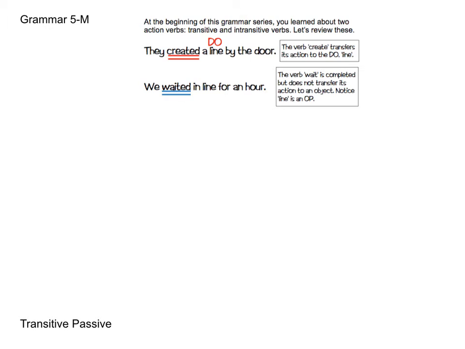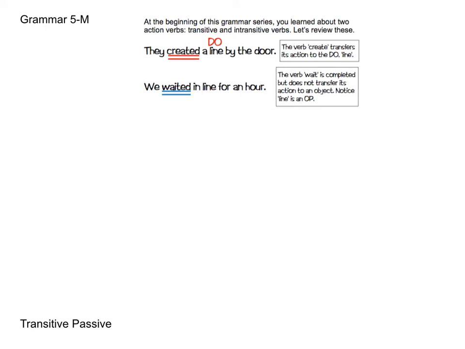We have we completing the action of waiting, but nothing is receiving that action of waiting. Instead, in the predicate, we just have 2 prepositional phrases giving us more information about how or where or when this is occurring. So therefore, we have an intransitive verb. It is not transferring the action of the verb.